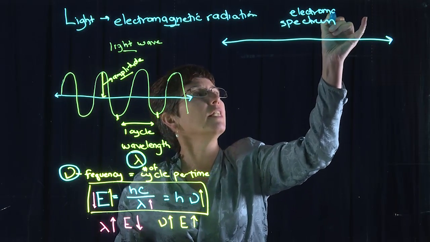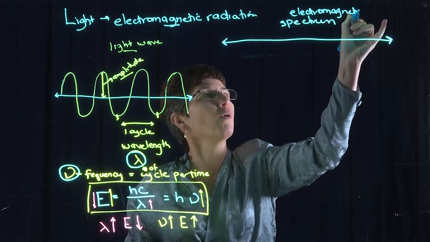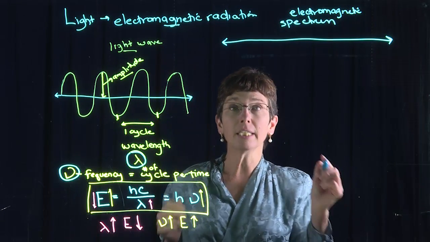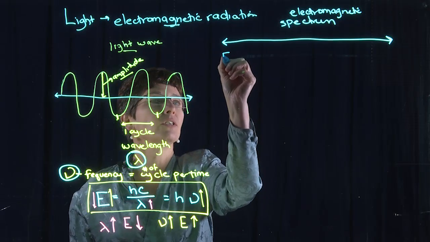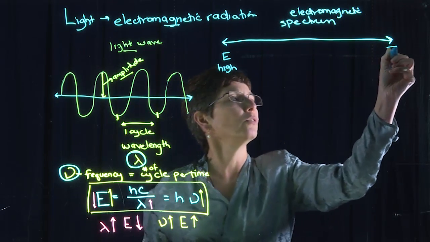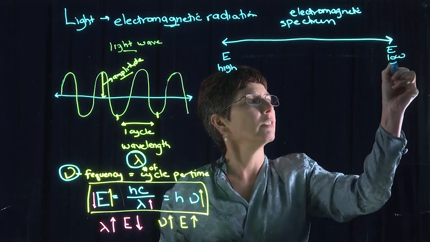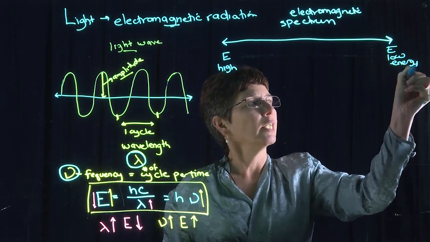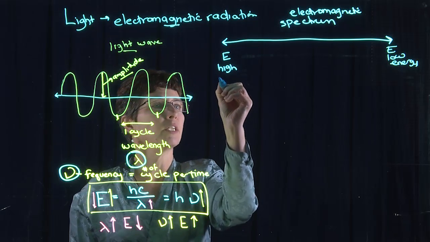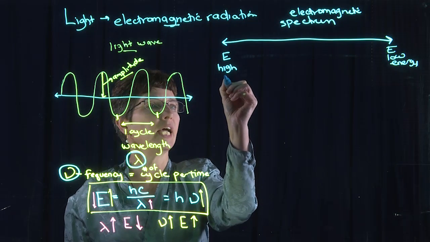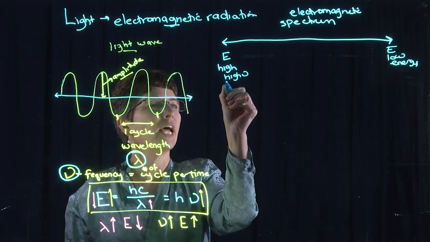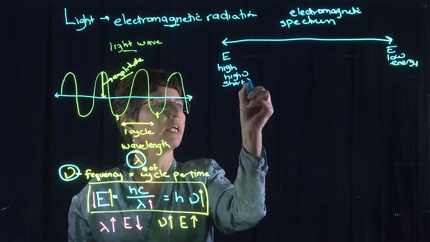And this is just a way of organizing for ourselves how light varies from high energy to low energy in our world. At the high end of the electromagnetic spectrum, we have light which has a high frequency, a large frequency, and a very short wavelength.